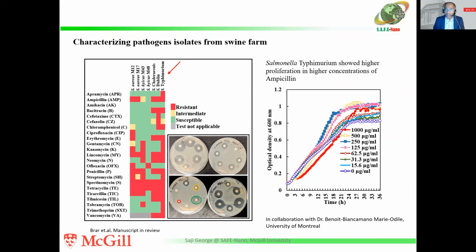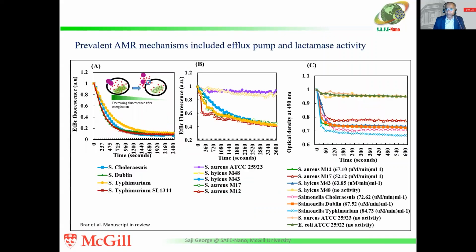We are doing more research to understand the mechanism involved here, because, like I mentioned, it's a peculiar observation about a bacteria that proliferates highly in presence of antibiotic. We identified the mechanisms that are prevalent in these bacteria, and we found that it is because of efflux pump activity as well as beta lactamase activity measured through the standard protocols established.